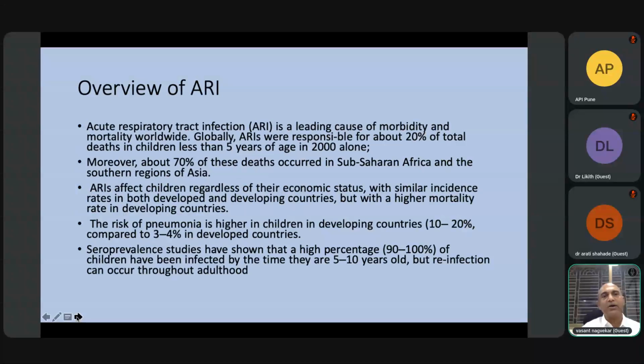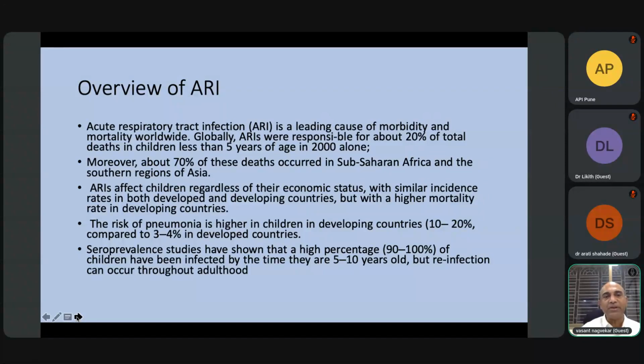If you see the overview of acute respiratory infections, acute respiratory tract infection is the leading cause of morbidity and mortality worldwide. Globally, ARIs are responsible for about 20% of total deaths in children less than 5 years of age in 2000 alone.